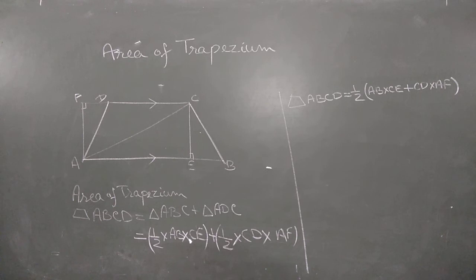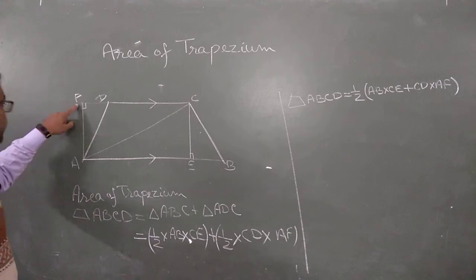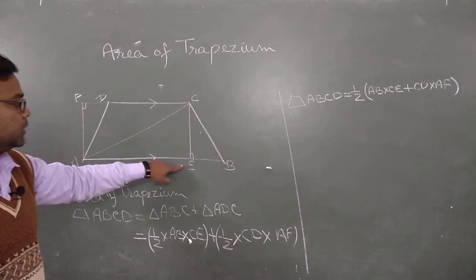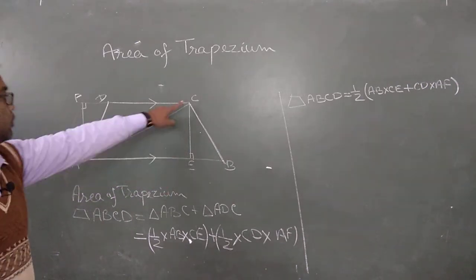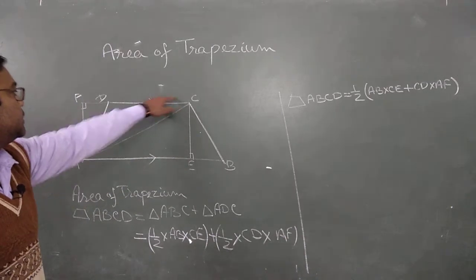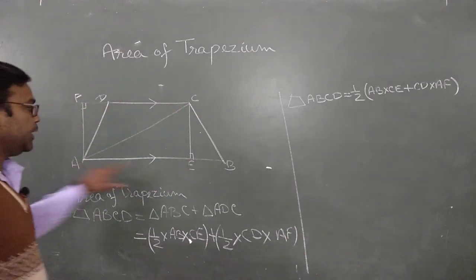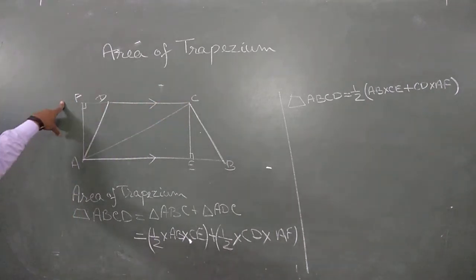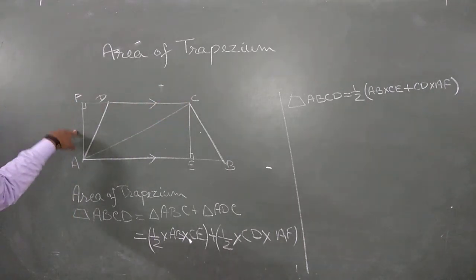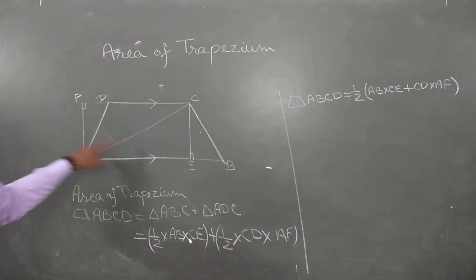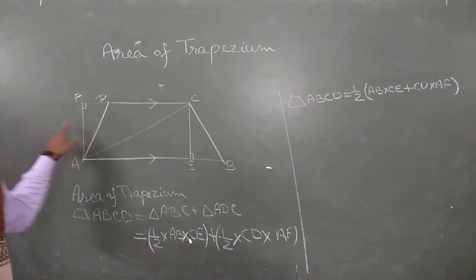If you see, this perpendicular and this perpendicular are equal, because the figure AECF is a rectangle. So the distance between these two parallel lines, whether it is this one or this one, is equal.